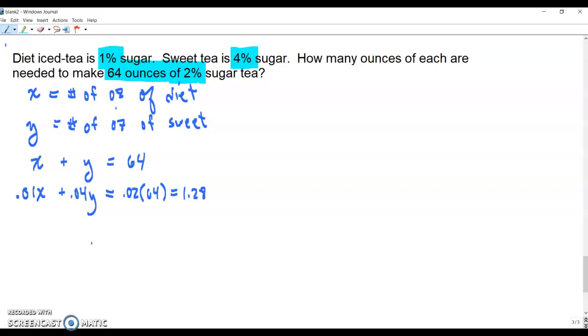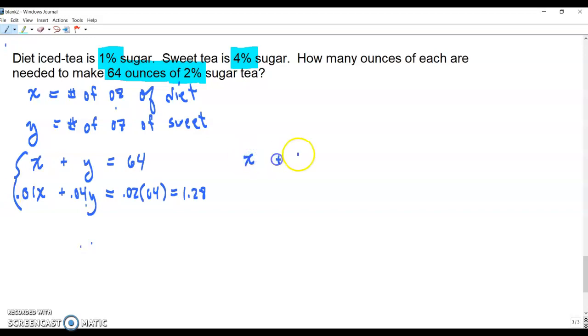Again, I'm going to use elimination. I have a lot of choices. I could multiply the top equation by negative 0.01, or by negative 0.04. Some people might choose to multiply the bottom equation to make it an integer, clear the fractions. You have a lot of choices. I don't really want to deal with decimals, so maybe I'll multiply the bottom by negative 100.